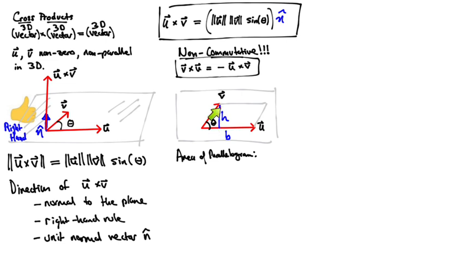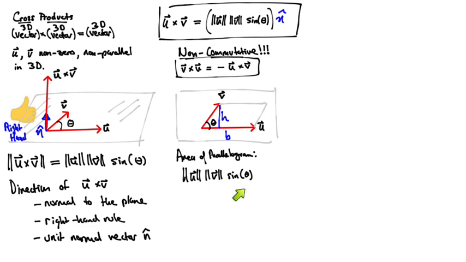I need to find what h is, and notice that there's a right triangle here involving my vector v. It's involving this angle theta, and it's the opposite side of that triangle, and therefore it's going to involve the sine of theta. So b here is going to be the length of u, and then h is going to be the length of v, the hypotenuse of that triangle, times the sine of the angle theta, because it's the opposite side that I want.